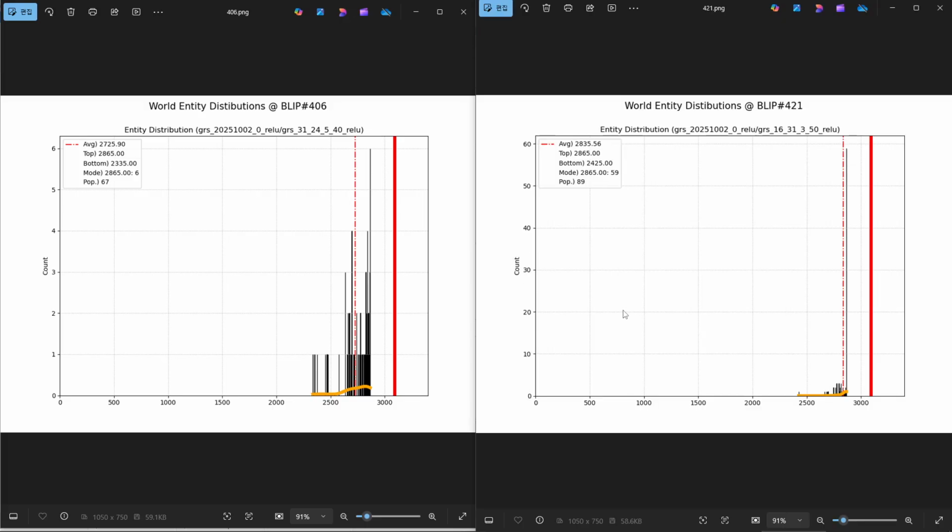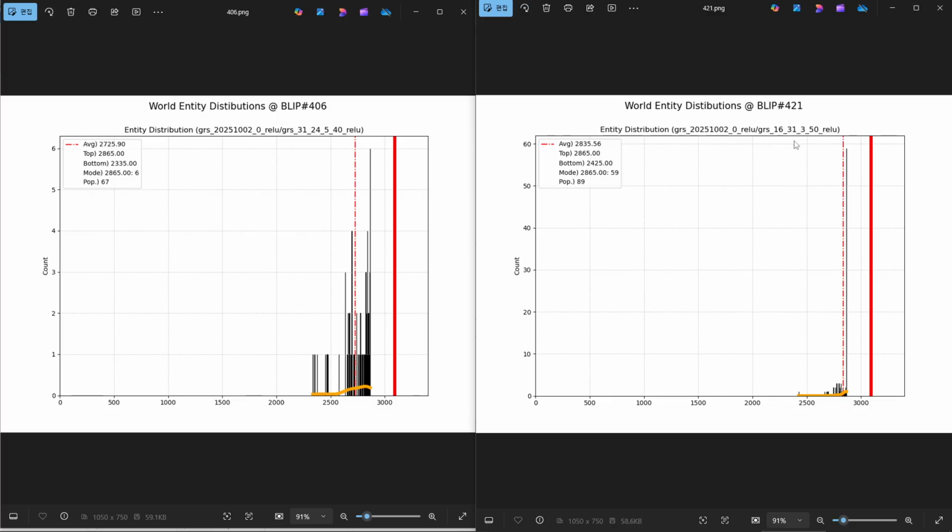Yeah, it is. Now, on the left is better distributed because of the lower learn event ratio. And then you might say, wait, this is 31 and this is 24. 24 is lower than 31.